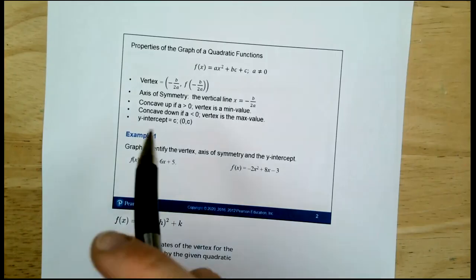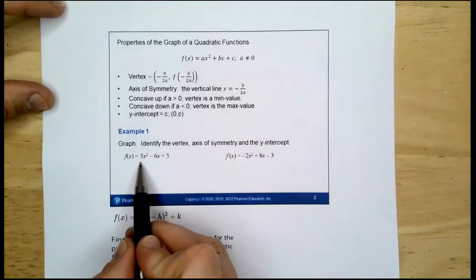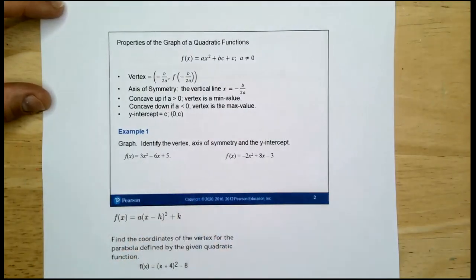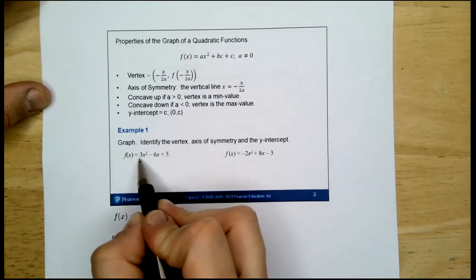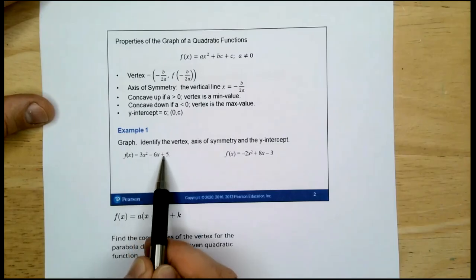What is the ordered pair of your vertex? Good. You find that by labeling the 3 parts of your equation in standard form. So you have the term, for example, 3x squared minus 6x plus 5.